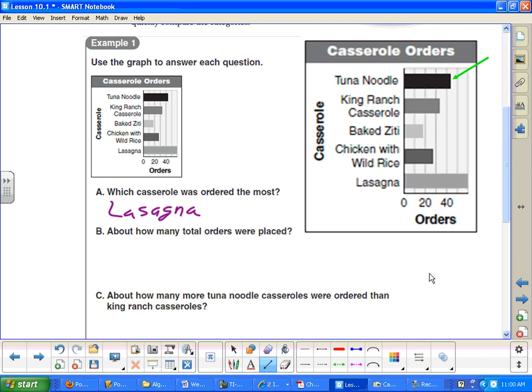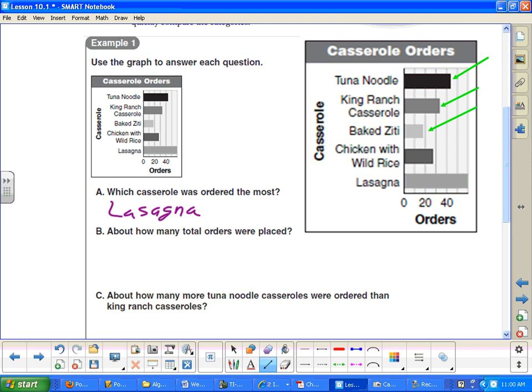All right, and then we got king ranch. Looks like that's a little bit more than 30, maybe 32, 33, somewhere around there. Then we've got baked ziti, which is a little less than 20, right?